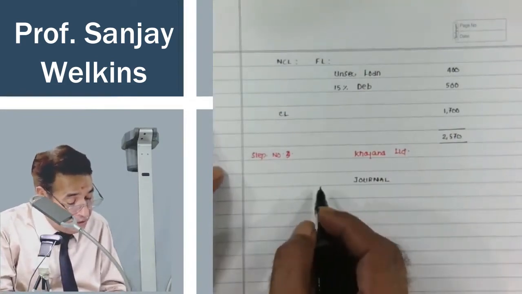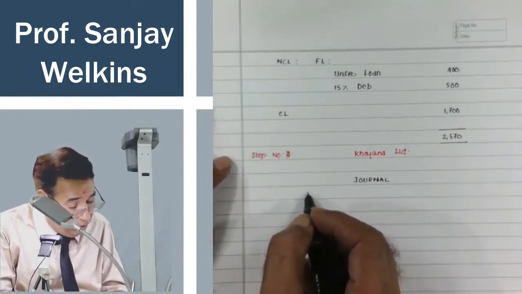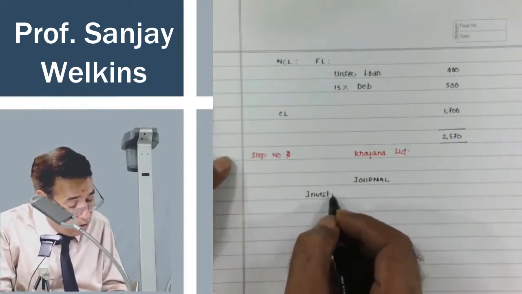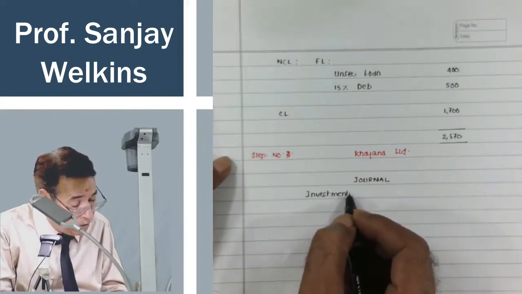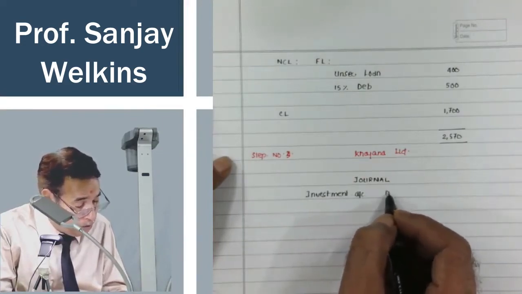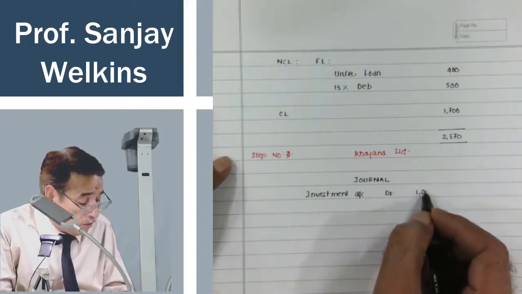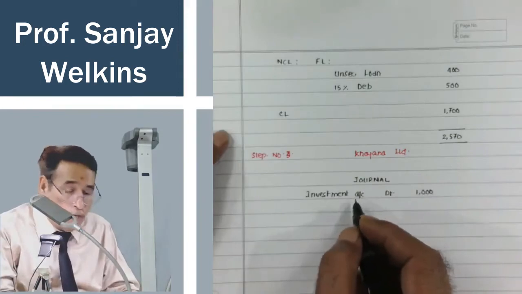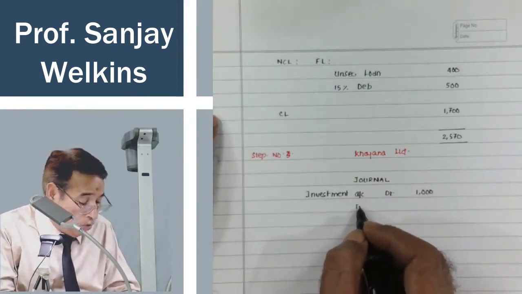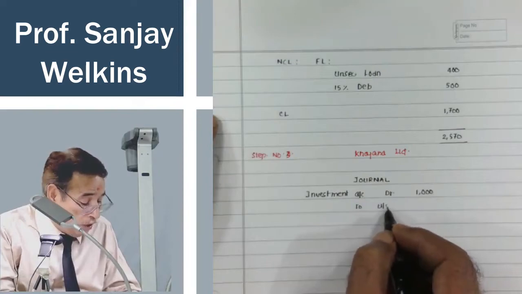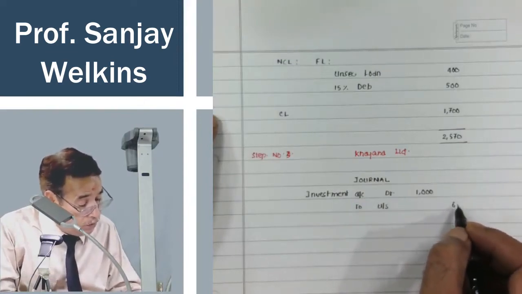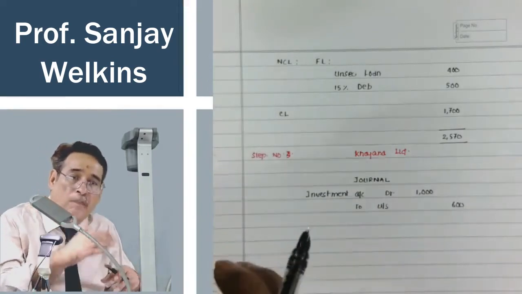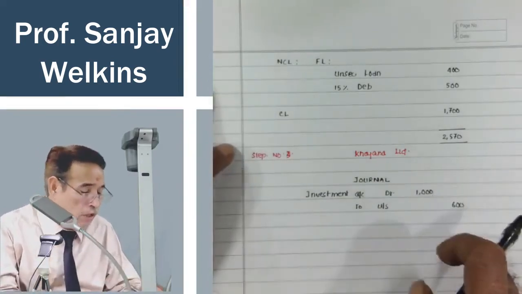Khajana Limited has received only investment from your side, investment account debit 1000, because Ind AS 3 will come into play, no book value, and to unsecured loan. Even unsecured loan is at fair value, because it is given in the question that whatever amount of loan is written in the balance sheet, that approximates the fair value, so we can safely assume this is the fair value.